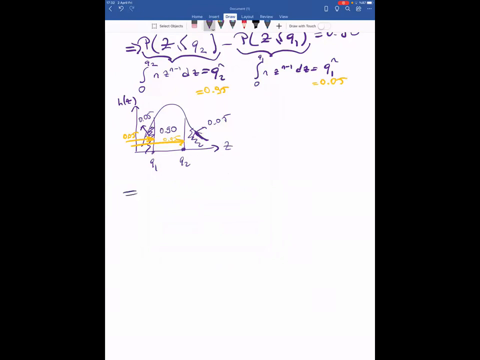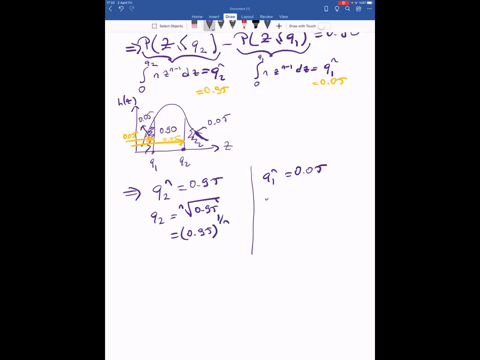Then we can say that Q2 to the n equals 0.95, and Q1 to the n equals 0.05. Then Q2 equals 0.95 to the 1 over n. Or if you are familiar with this notation, you can also use this one. It doesn't matter, basically they are the same. And similarly for Q1, or if you are familiar with this notation, you can use this one. So 1 over n. Okay, so we found our Q1 and Q2.